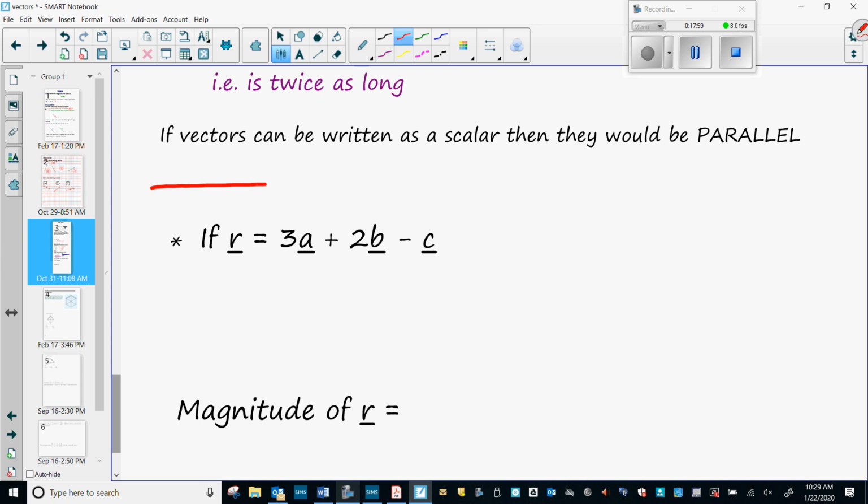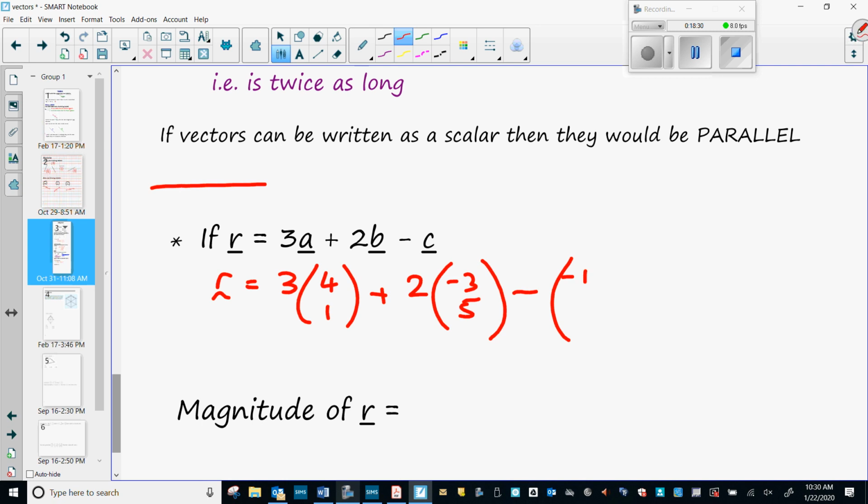So we've got 3 lots of vector A, 2 lots of vector B, minus vector C. We need to first find out what that is, so we're going back up to looking at vectors A, B, and C. What was vector A? 4, 1. So we've got 3 lots of 4, 1, plus 2 lots of minus 3, 5, minus minus 1, minus 2.